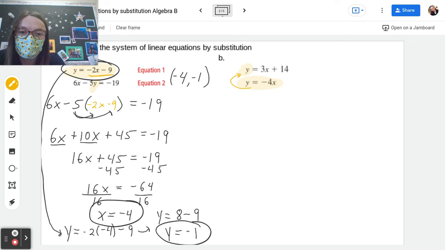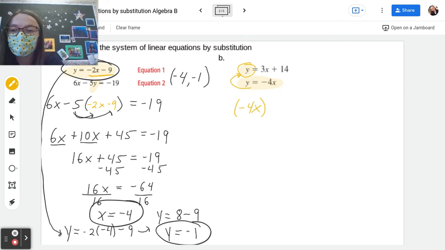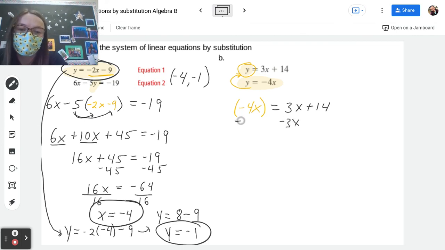If y equals negative 4x, instead of saying y equals 3x plus 14, I'm going to say negative 4x, which is y, is equal to 3x plus 14. And then all we're going to do is solve this. I'm going to subtract 3x on both sides, so the x's can be all on one side. I'll get negative 7x is equal to 14. Divide by negative 7, and what we're going to get is x is equal to negative 2.